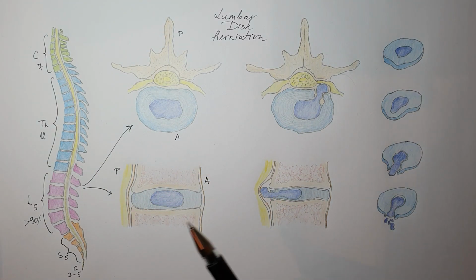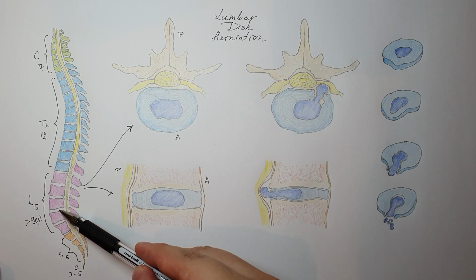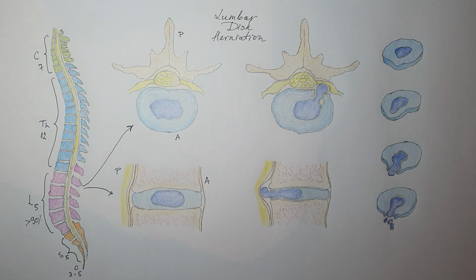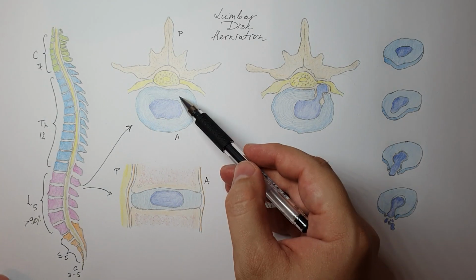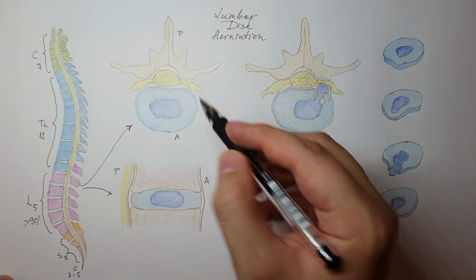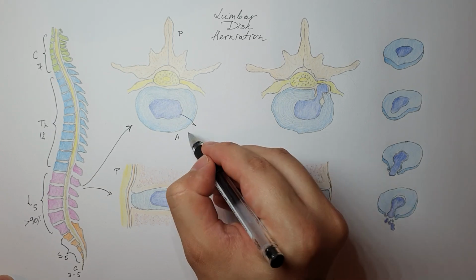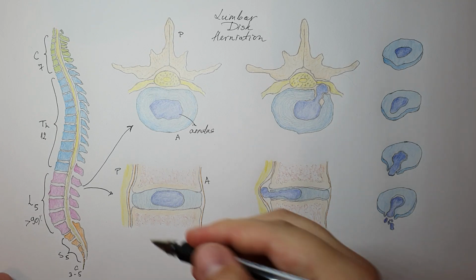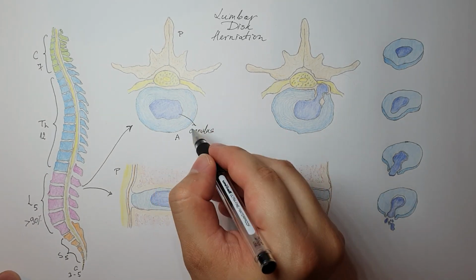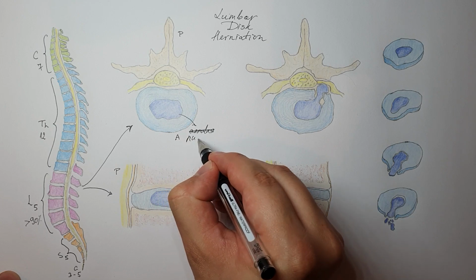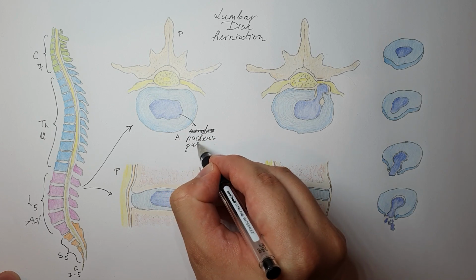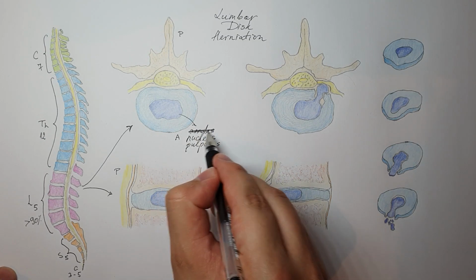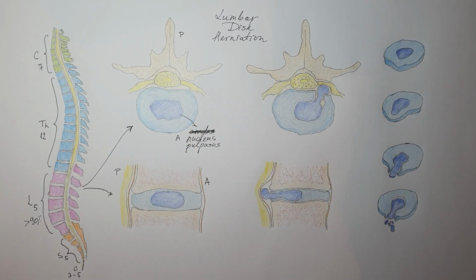So above the vertebrae is this vertebral disc, and this is what we are seeing here. The vertebral disc normally looks like this and has this central part, which is called the nucleus pulposus in Latin, which basically means that it is a soft nucleus of the disc.